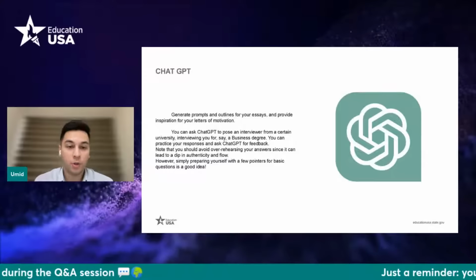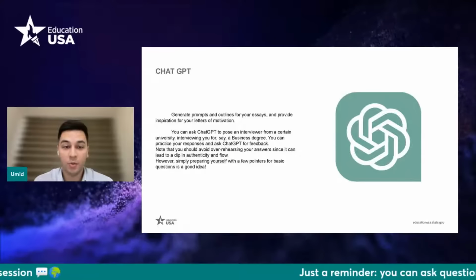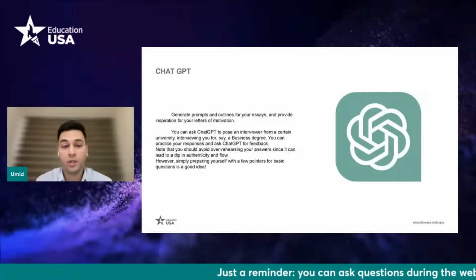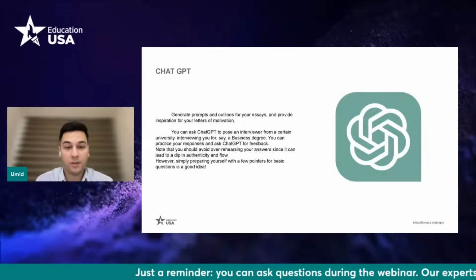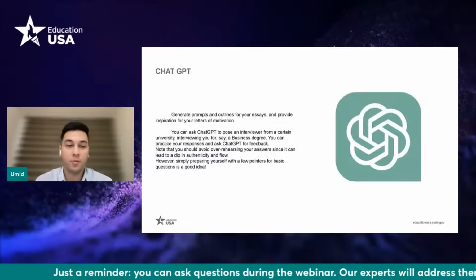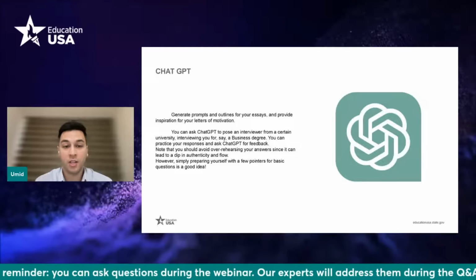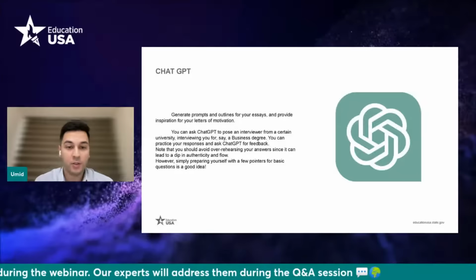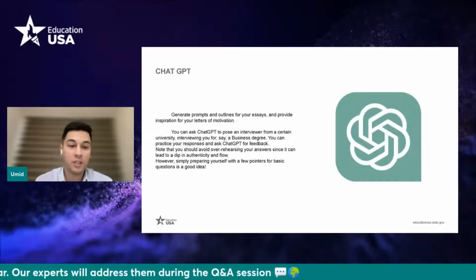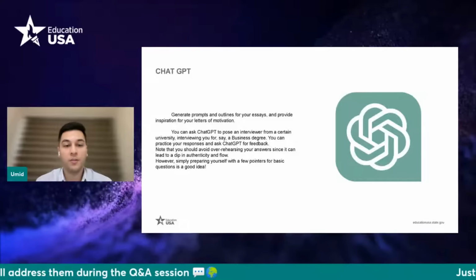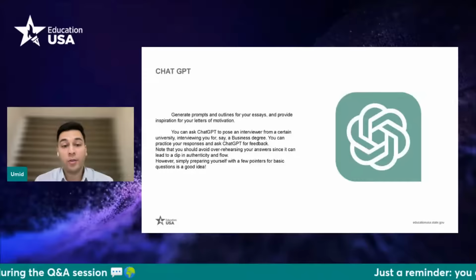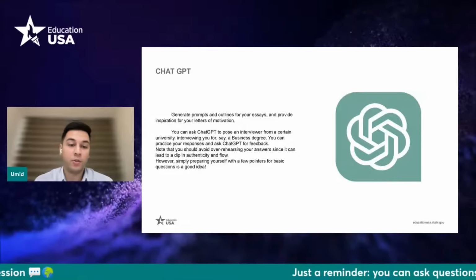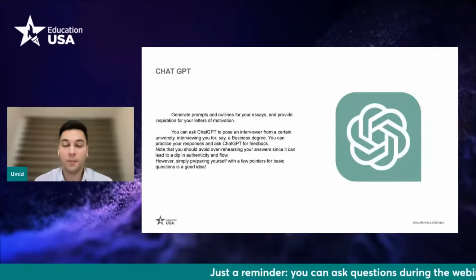You can ask ChatGPT to pose an interview from a certain university, say for a business degree, and you can practice your responses and ask ChatGPT for feedback. Note that you should avoid over-rehearsing your answers since it can lead to a loss of authenticity and flow. However, simply preparing yourself with a few points for basic questions is a good idea.